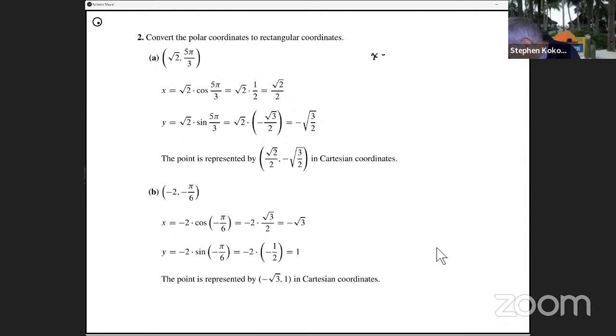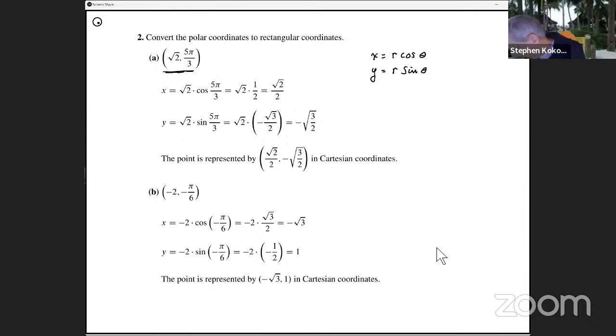Remember, these formulas are x is equal to r times the cosine of theta, and y is equal to r times the sine of theta. So at least in my mind, this is pretty prescriptive. I'm just going to recognize what r and theta are up here in this ordered pair, and I'm going to plug them into these formulas.